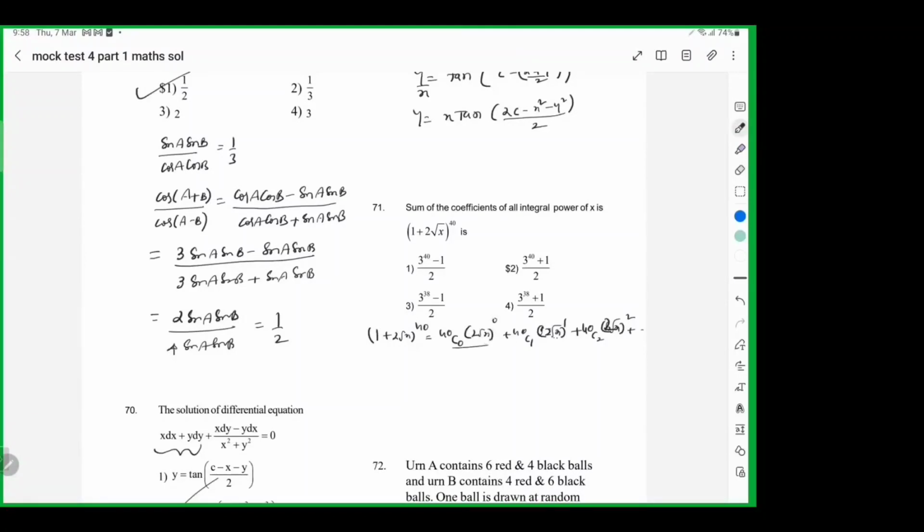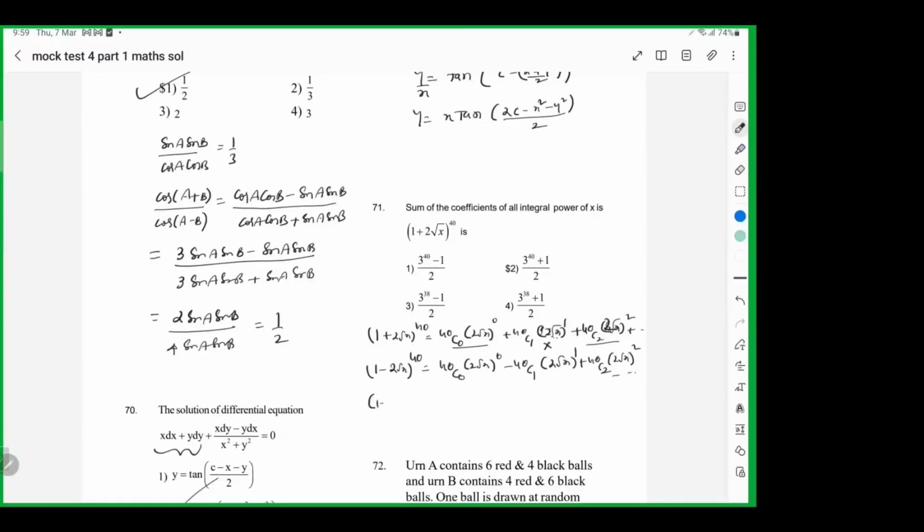So this is okay. This is okay. So what I do is I'll take 1 minus 2 root x whole power 40. 40 c naught 2 root x whole power 0 minus 40 c1 2 root x whole power 1, 40 c2 2 root x whole square.